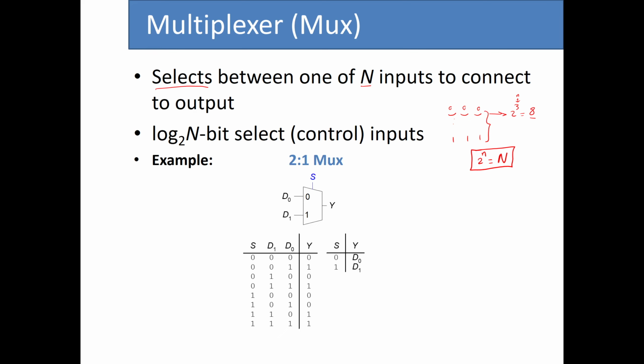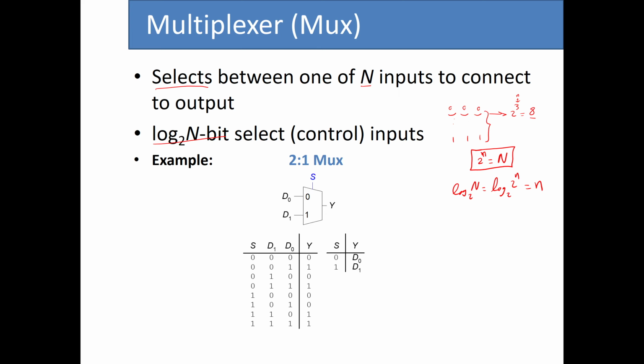So to be able to do that using a multiplexer, we need to have some select or control inputs. So how many select or control inputs do we need? The answer to that is log 2 of N. So in this equation, we have 2 to the power of lowercase n equal to uppercase N. So now if we calculate log base 2 of 2 to the n, the answer would be lowercase n.